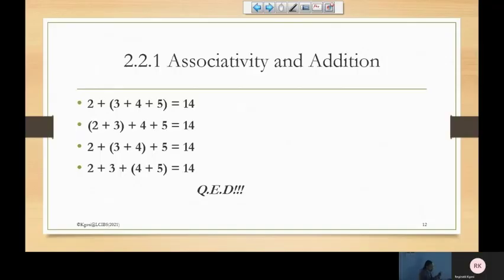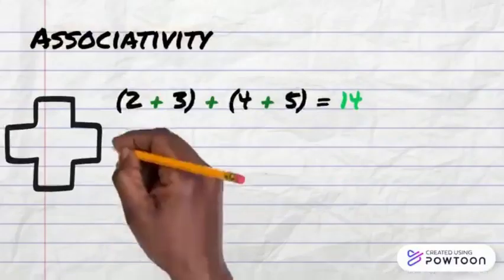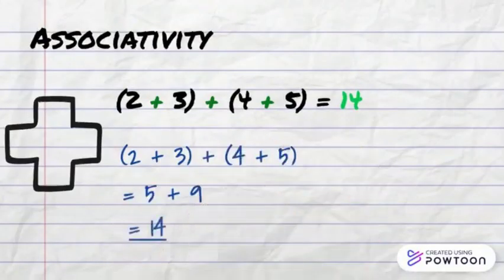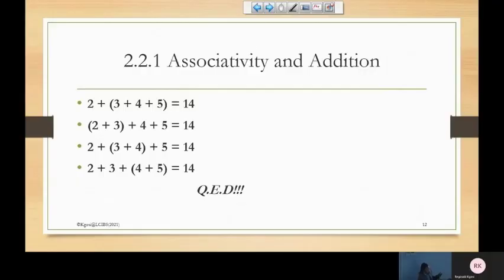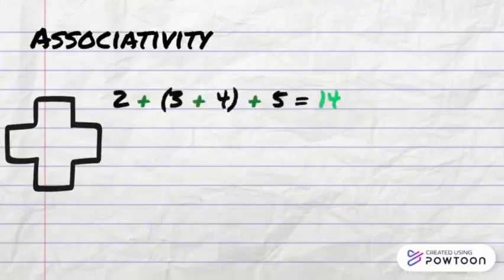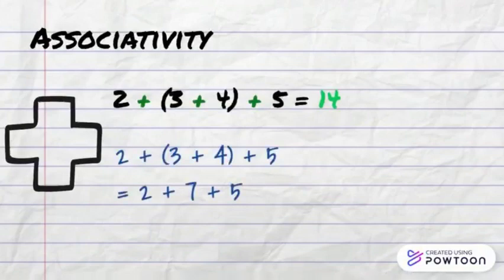The second one says you do the 2 plus 3 first, and then everything else. So 2 plus 3 gives you 5. This was associated. And then you add that 5 to 4 and then to 5, you get 14. The third one says you do the 3 plus 4 first. 3 plus 4 there is 7. So then you say 2 plus that 7 is 9.